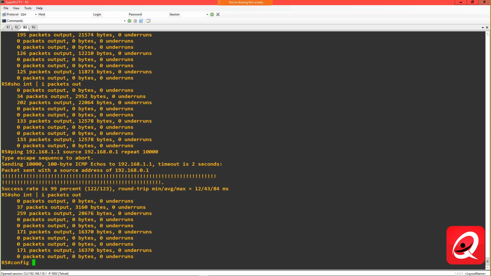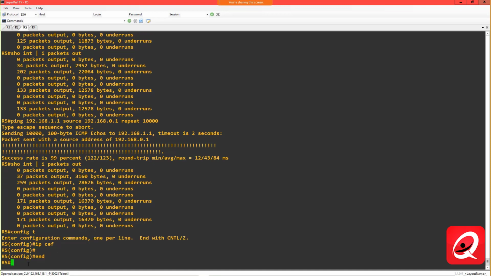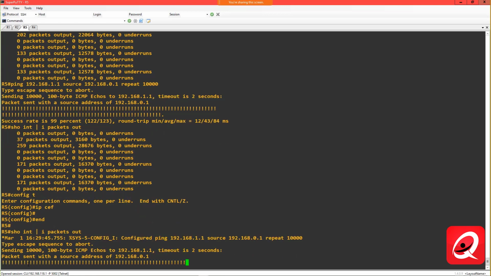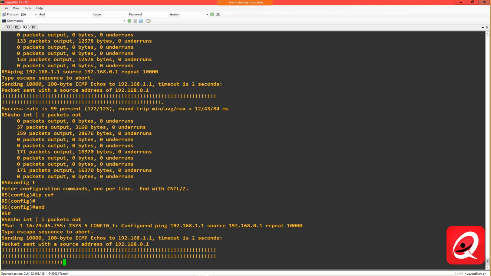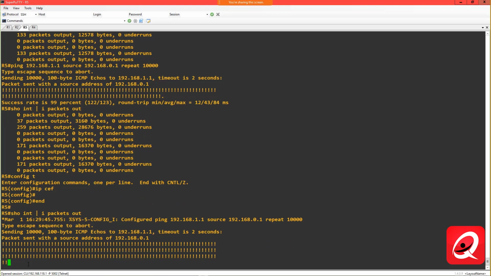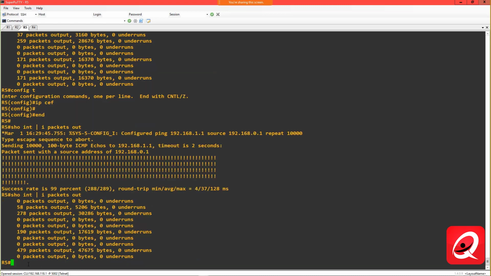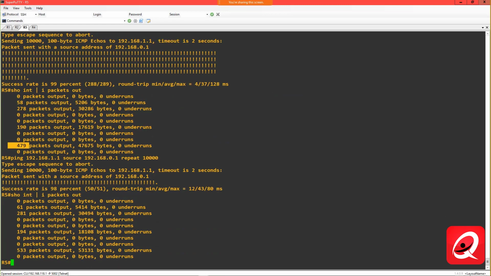Now, if I come in here and do an ip cef again, and I now do the ping, we'll see that the packets are essentially going to take one interface. Which is actually a good thing, right? Because that means the UDP flows are not going to be broken up. It looks like it's choosing this interface here predominantly. So let's see if that goes up some more here.